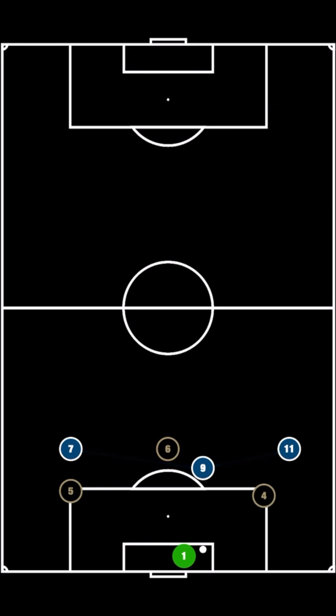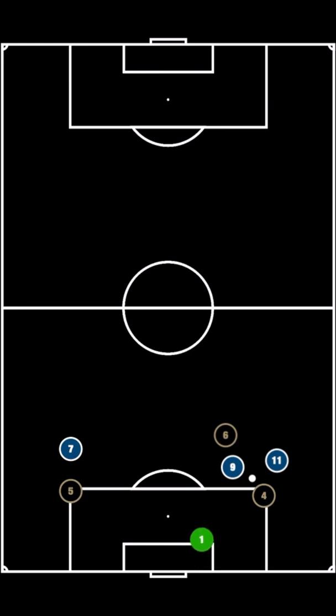So if we watch here, if we play to the center back and the 6 shows for the ball, the 9 and the 11 close off that passing option. Here, the extra player that's open is the goalkeeper. So again, the goalkeeper needs to be confident, needs to be able to come off his line, play with the ball at their feet, have the confidence to come out, demand the ball.